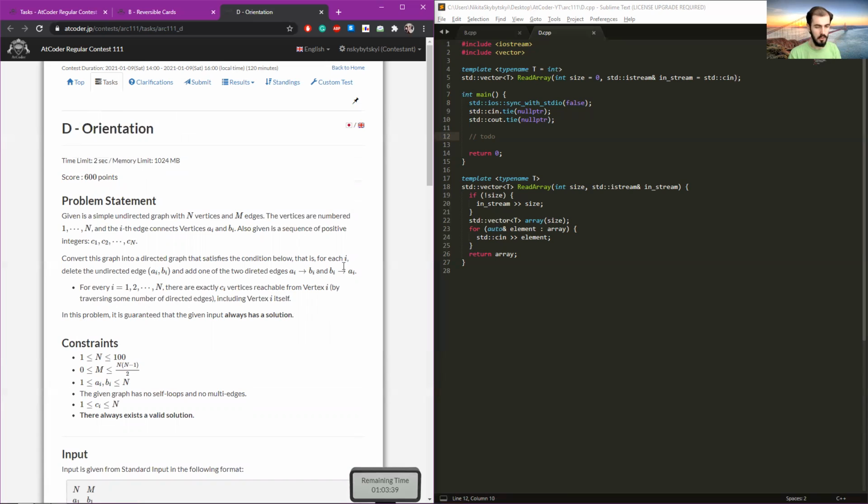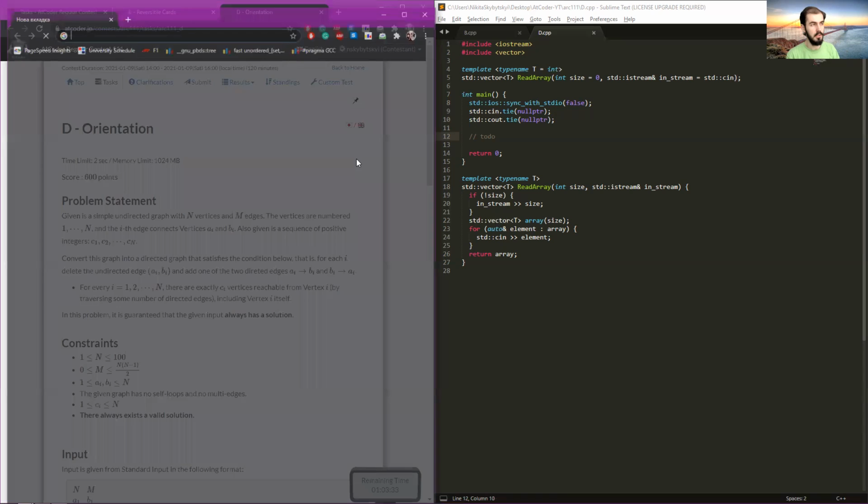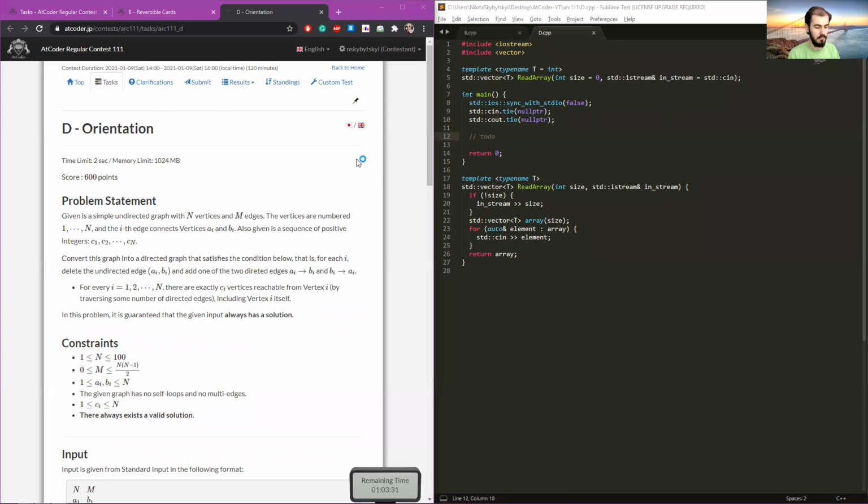I actually don't know anything about graph orientation. I believe there are some algorithms. Let me check. I believe it's okay to search for this theory, right?